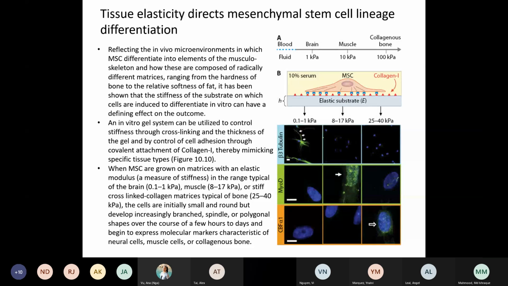Those usually are the gold standard for the differentiation potential of mesenchymal stem cells. But here, it looks like if you change the substrate stiffness, you can make them differentiate into different tissues, even beyond the three originally described.